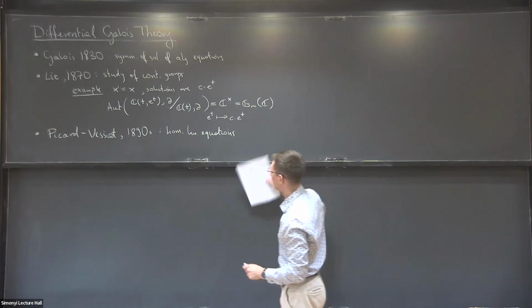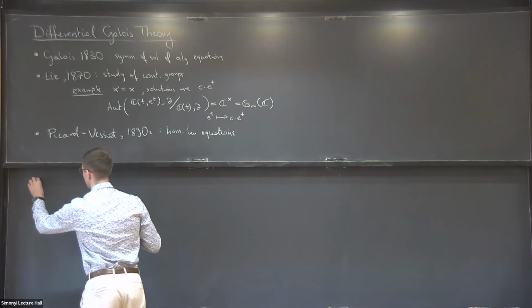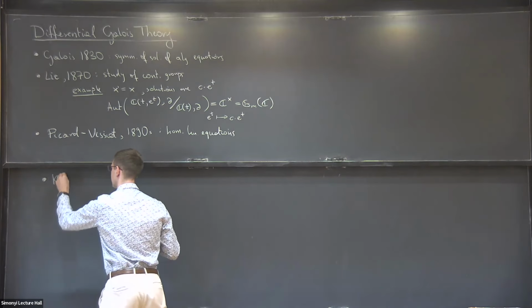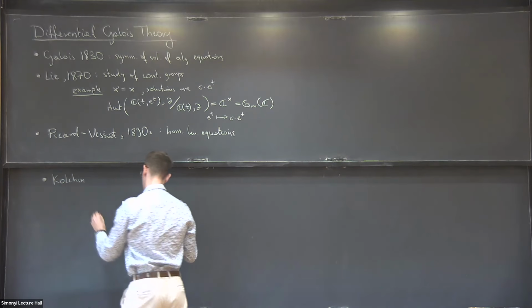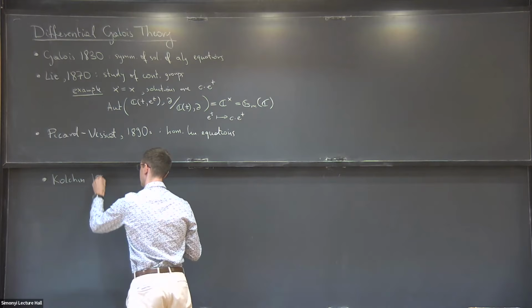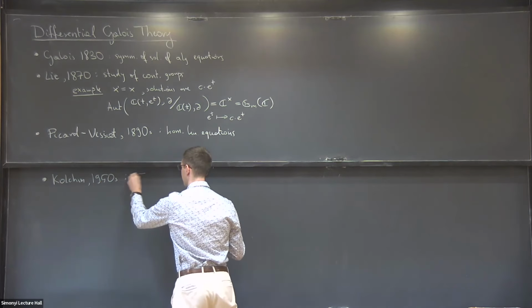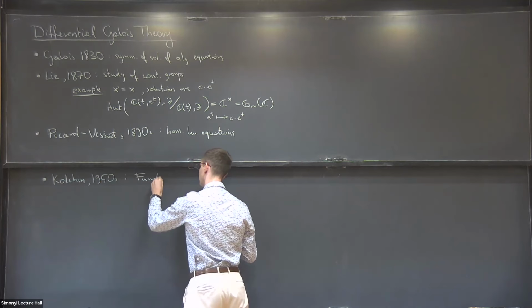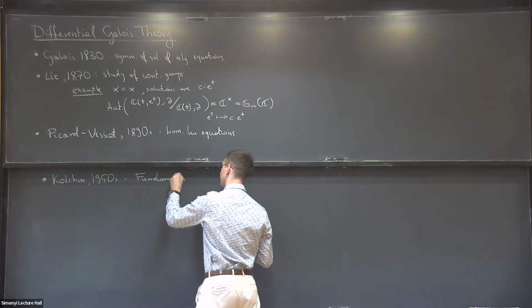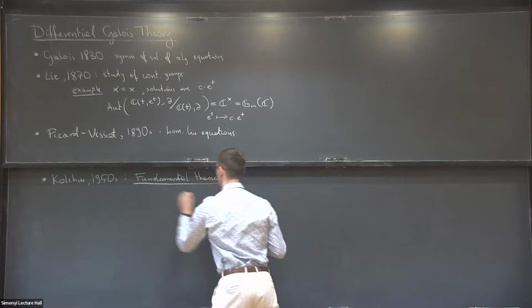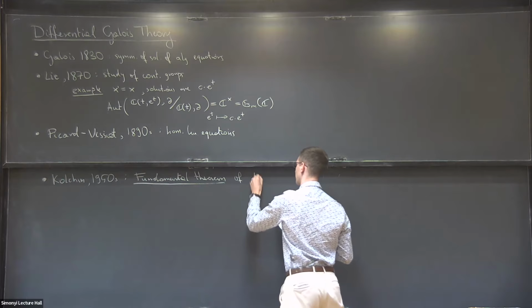And then later we have some more development of differential algebra. So we have Kolchin, in the 1950s roughly, where he proved the fundamental theorem of differential Galois theory.